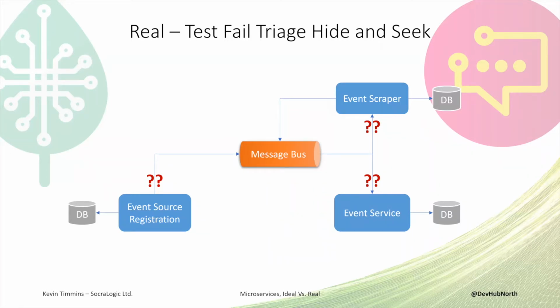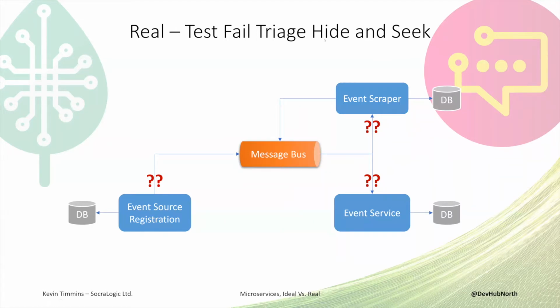You can have a guess and say, well, it's maybe this service because it's doing something in a certain way, but it's still very difficult to identify what is going on and what's gone wrong.